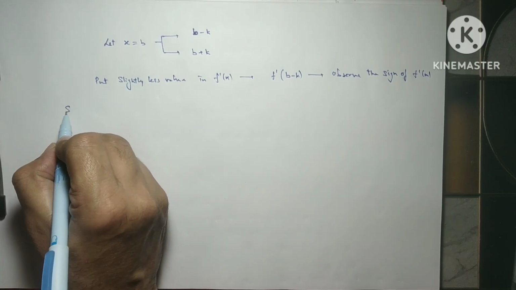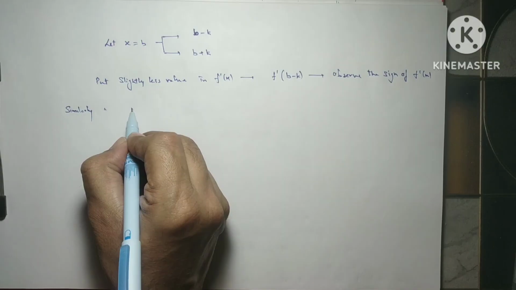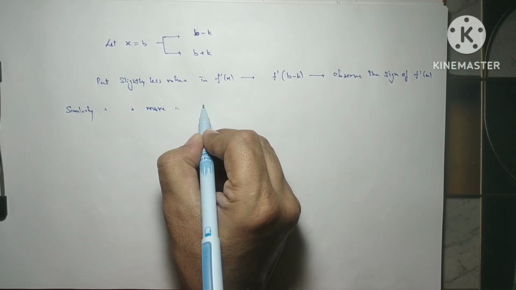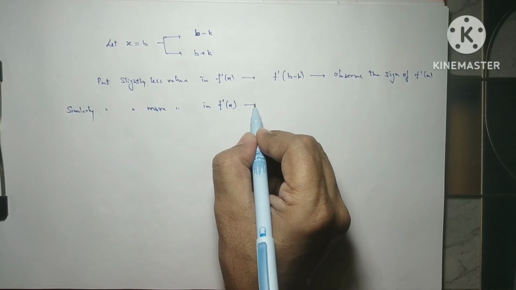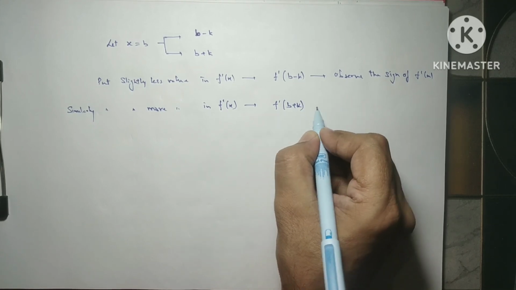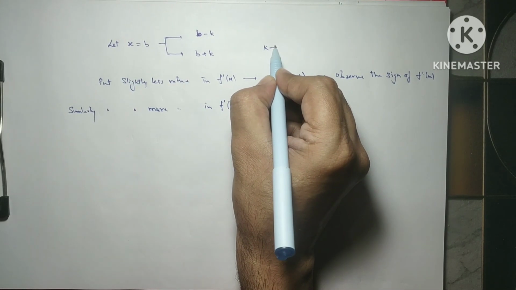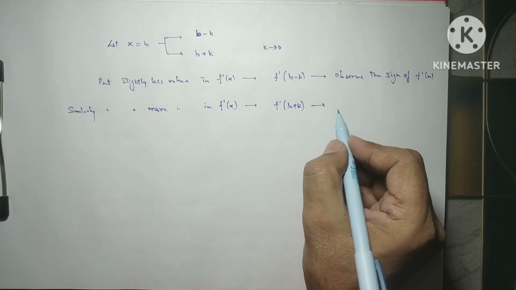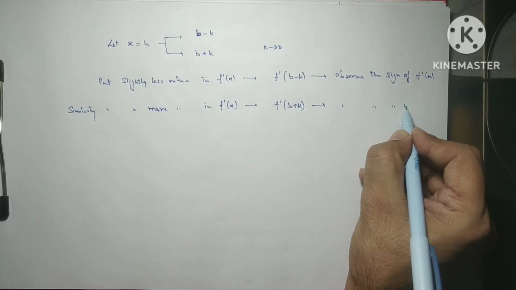Similarly, we put the slightly more value, f dash of b plus k, where k tends to 0, a very small positive value. Again we observe the sign of f dash x.